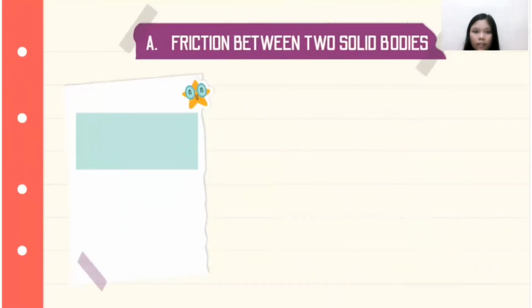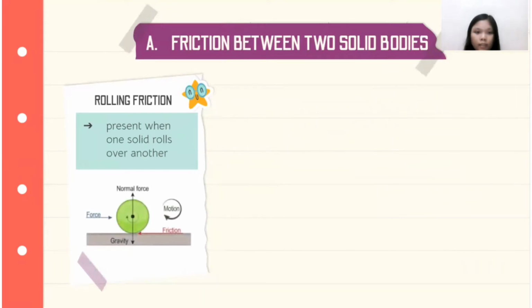And the last one is rolling friction. Rolling friction is present when one solid rolls over another. Here is the diagram of rolling friction. As we can see, the motion in this diagram is moving upward. That means the solid rolls forward, and the friction still opposes the motion.